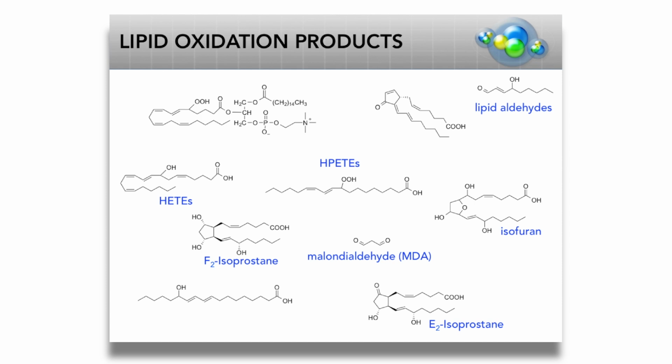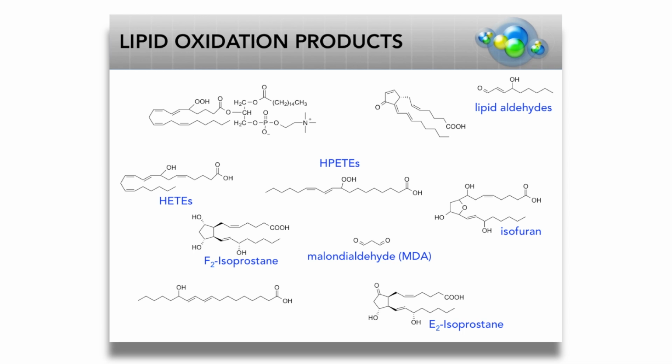If you recall, these are some products that can also be generated from enzymatic oxidation of arachidonic acid. Hydroperoxide compounds can be reduced to generate HETEs. The molecules can undergo further extensive oxidation to yield secondary oxidation products such as isofurans or isoprostanes. And in addition, lipid hydroperoxides can undergo fragmentation to yield lipid aldehydes.